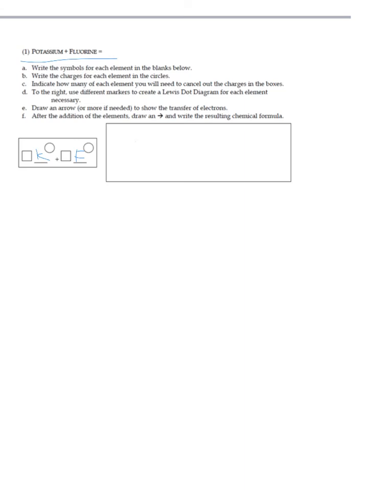Potassium is in the first group, so I know that it's going to have 1 valence electron. Fluorine is in group 17, so it has 7 valence electrons.